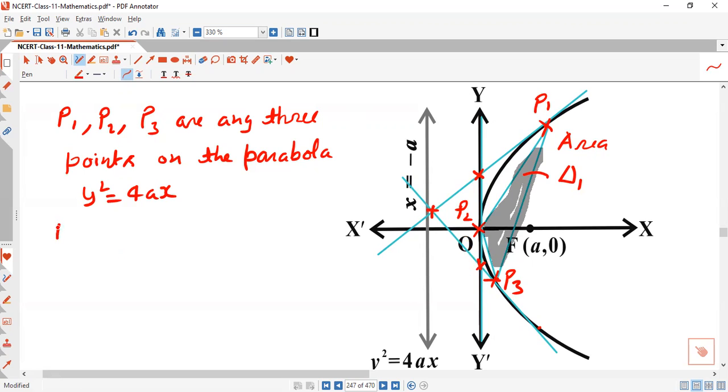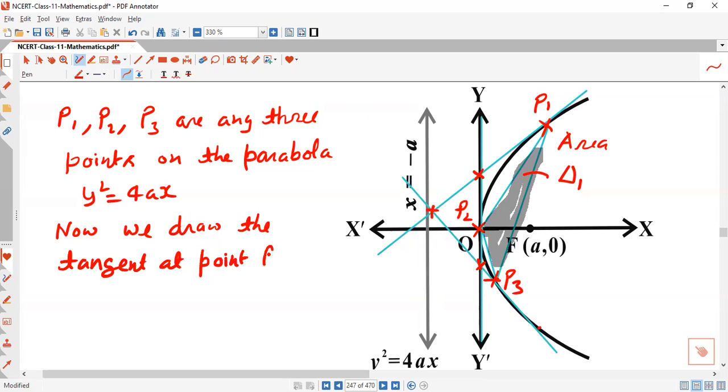Now we draw the tangents at points P1, P2, and P3.